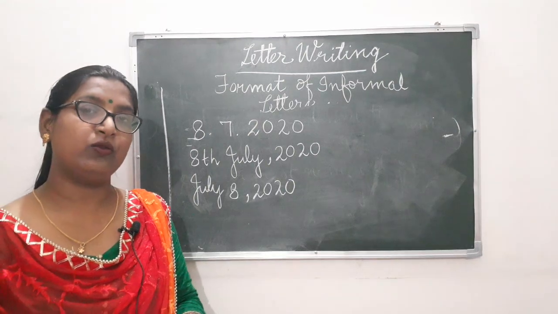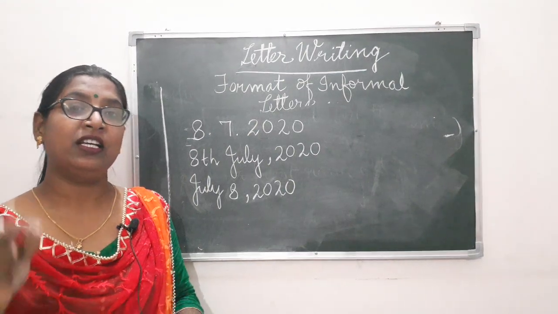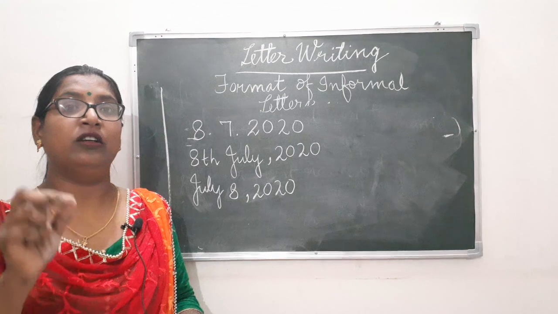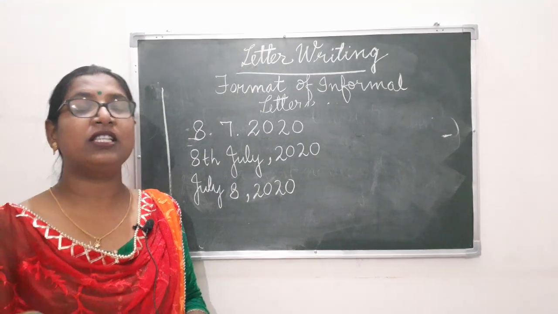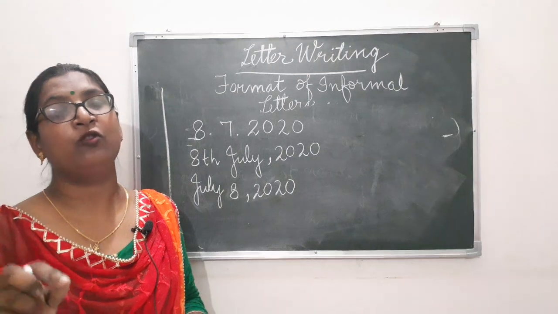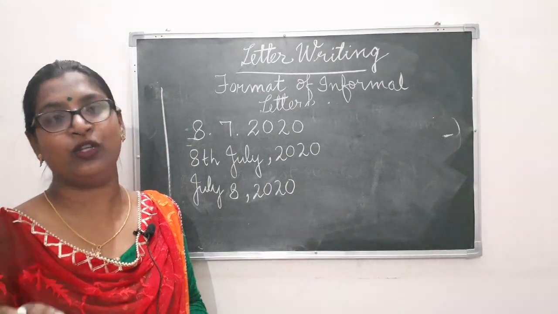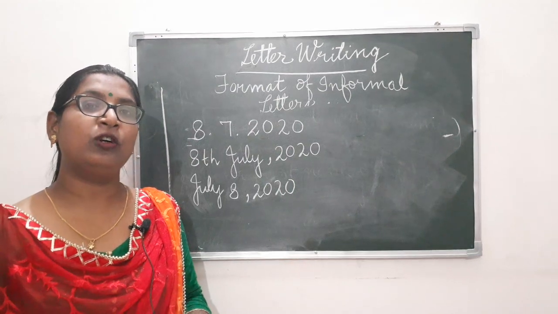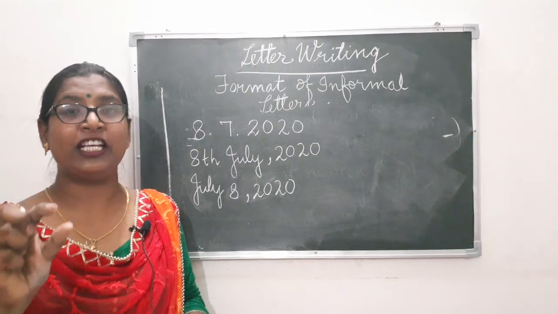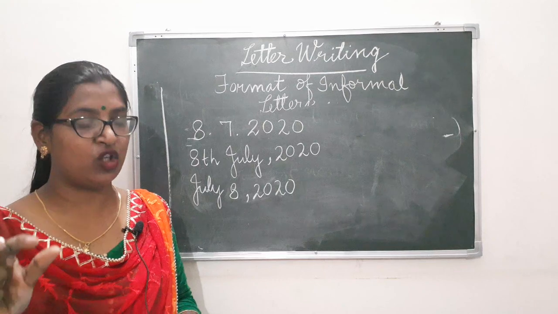So there are certain rules for writing the address on the envelope. First one is leave enough space for pasting the stamps. We know that without stamps we cannot deliver the letters. So we should leave enough space for pasting the stamps on the top.